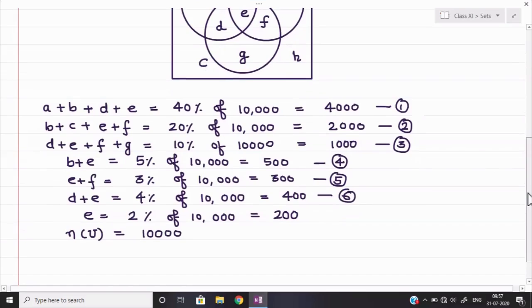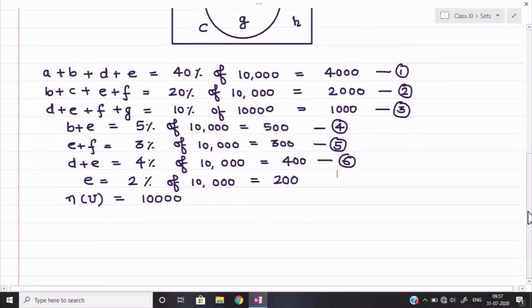Now see what I am doing: the value of E I am replacing one by one in equation numbers 4, 5 and 6. So first I will write down here equation 4, 5 and then 6. I am keeping the value of E over there. Value of E is 200. So we can say that B plus 200, I am taking equation number 4, is equal to 500.